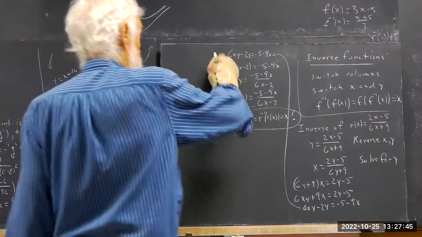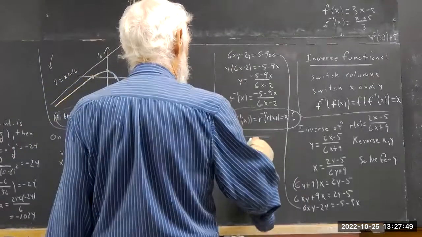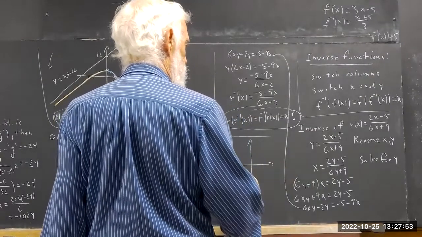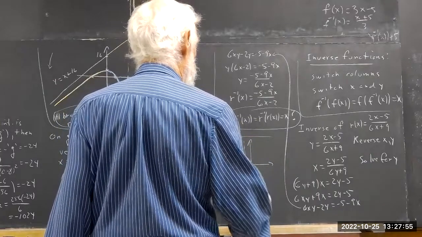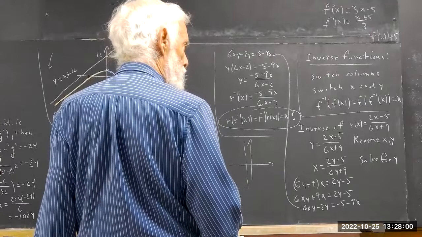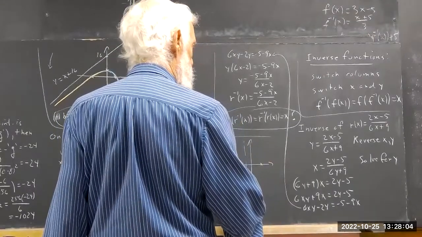Now, real quickly, if I want to do a graph of r of x, it's going to have a vertical asymptote at about -3/2. It's going to have a zero at about 5/2.